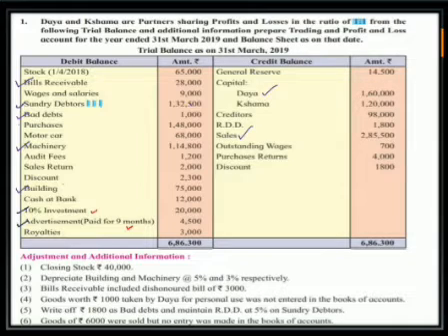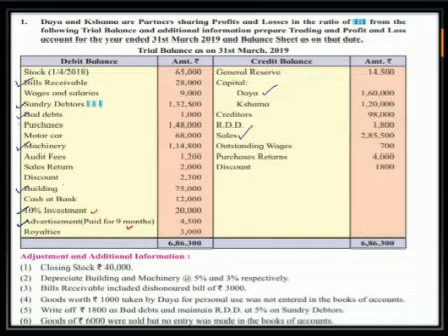RDD, that is the reserve for doubtful debts, profit and loss account debit side. Sales, trading account credit side. Outstanding wages, balance sheet liability side. Purchase returns, deduct from purchases, trading account debit side. And discount, as I already told you, profit and loss account credit side.